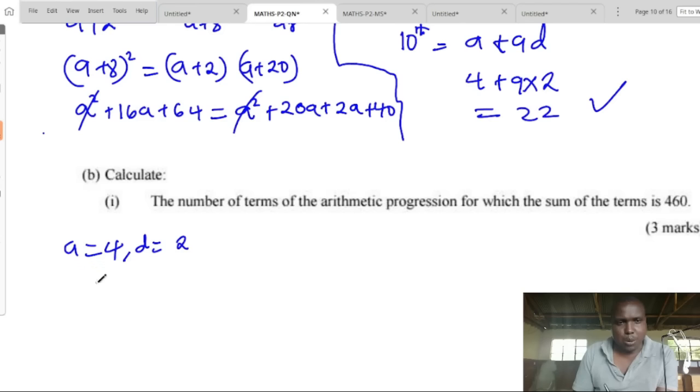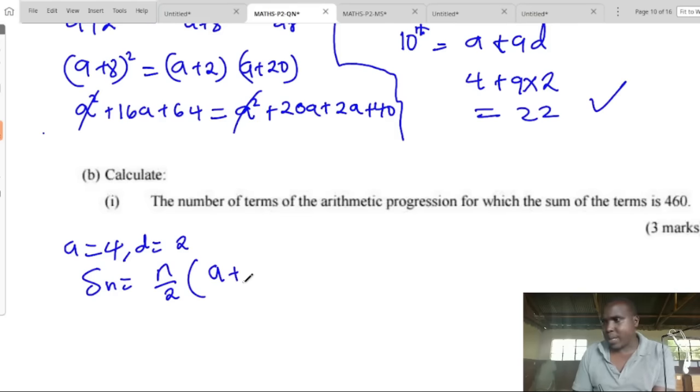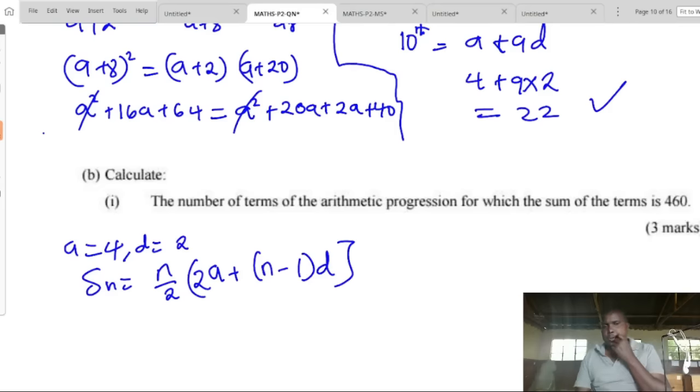So the sum, we know Sn is equal to n over 2 into 2A plus n minus 1 D. That's what we know.